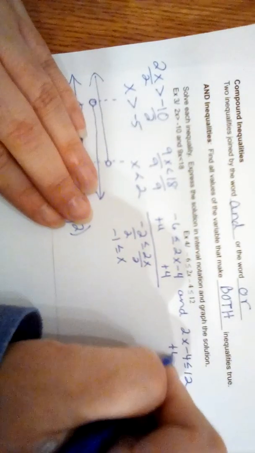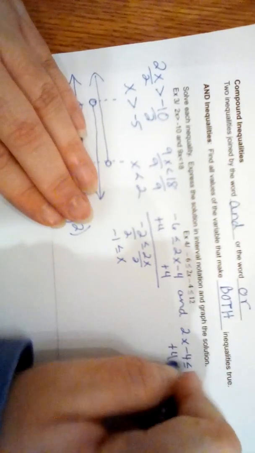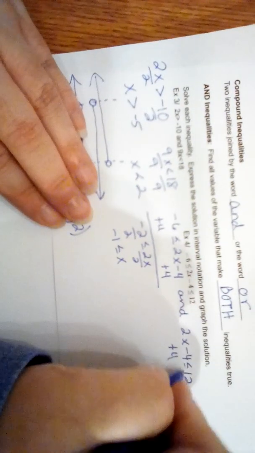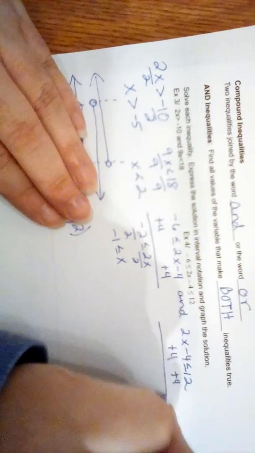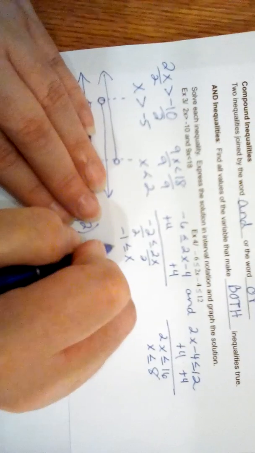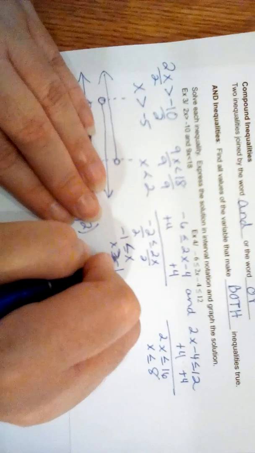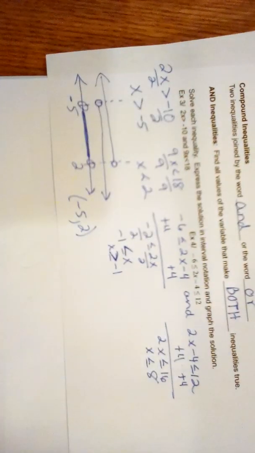And this one, okay, we could turn that around. You know, it's opening towards the X. You can flip it around as long as it's still opening towards the X.